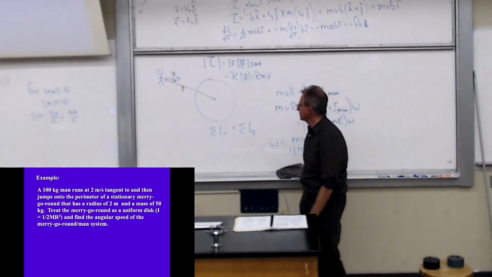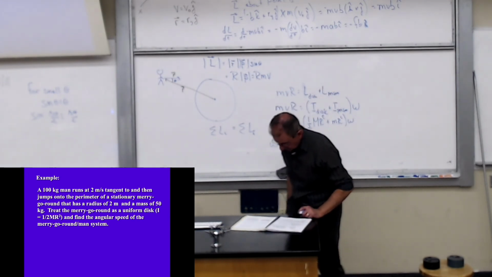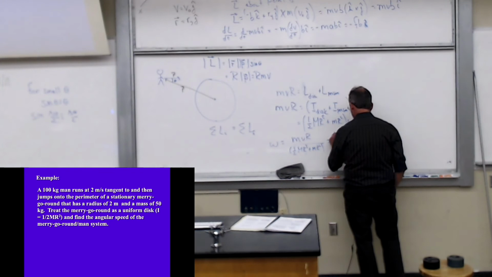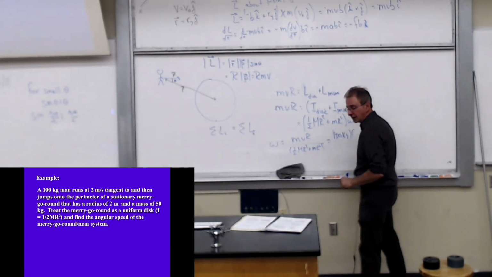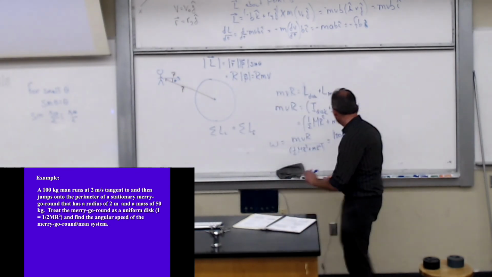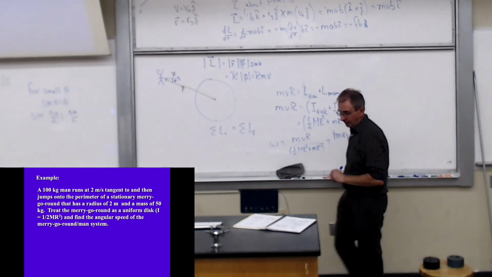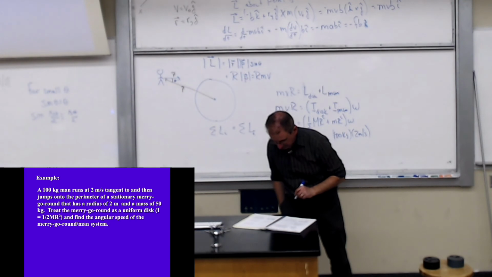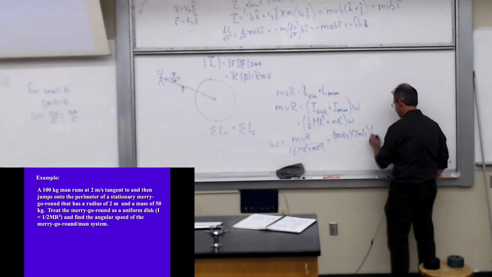So let's put some numbers in. The mass of the person is 100 kilograms. The velocity of the person is 2 meters per second. And the radius is... Sure, you could, but I'm not going to do it.